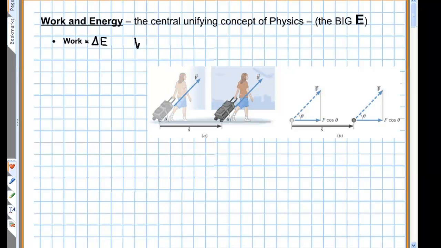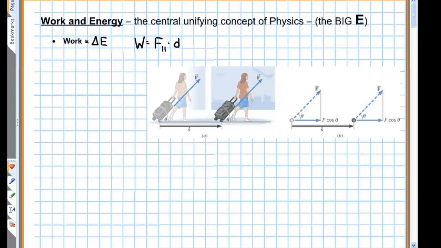If you do work on something, it is defined as applying a force on an object over some distance, where the force we apply is parallel to the displacement of the object.